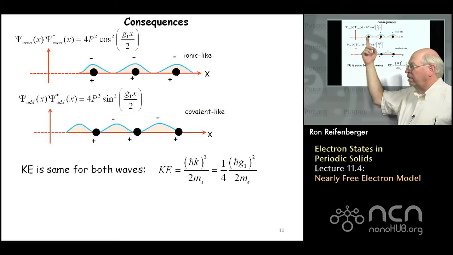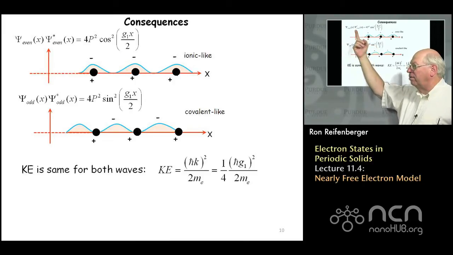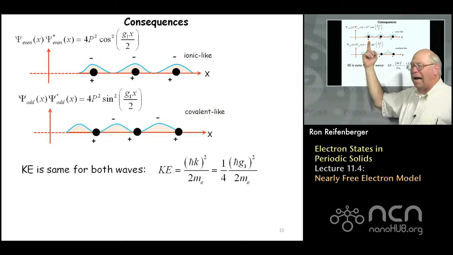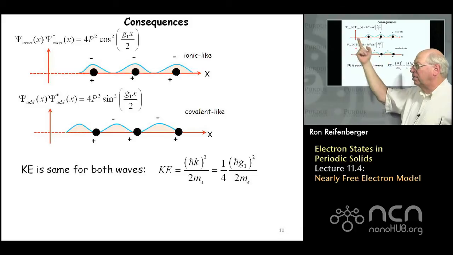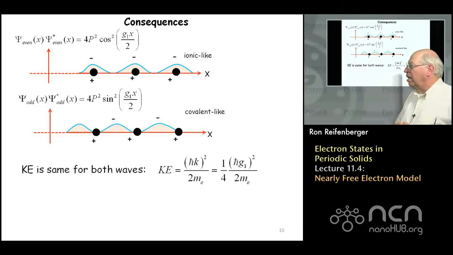So the negative electrons that are described by the wave function psi even are localized and they lie on top of the atom cores, which are positive. And schematically, I've tried to indicate that alignment in this diagram.